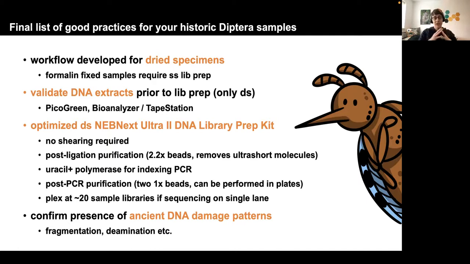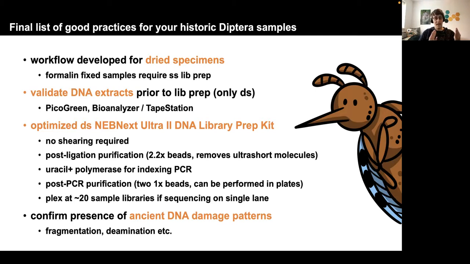And so what I focused on is how we further optimize this single tube, double-stranded NEBNext Ultra II kit. We don't do any shearing. We do a 2.2x SPRI bead post-ligation purification to remove some of the really short molecules. Really be careful that you use the correct polymerase that can recognize uracils for indexing PCR.